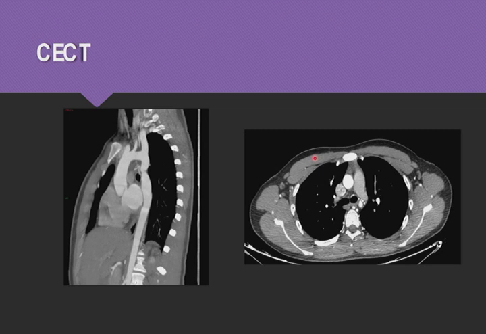But when we evaluate in maximum intensity projection in this oblique view of the thorax, the most relevant finding is this narrowing in the descending aorta in a juxtaductal location.